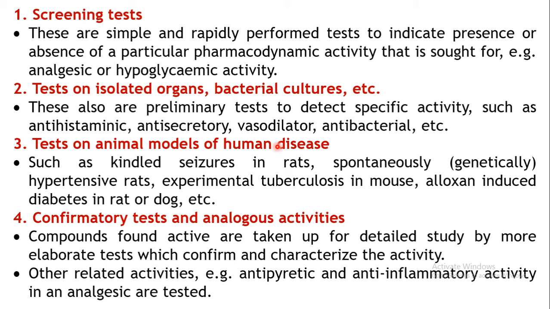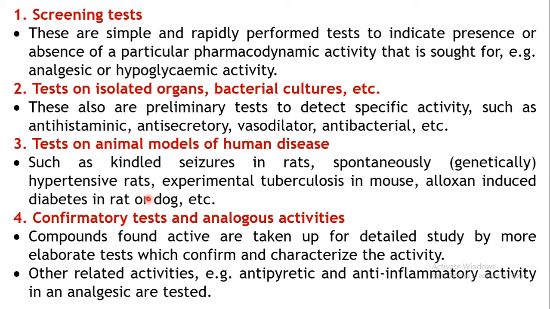If your drug is supposed to be active against epilepsy, induce epilepsy in the animals and then administer your drug to those animals. If it can reduce the seizures, it is effective against epilepsy. Such kinds of tests are done in animals.